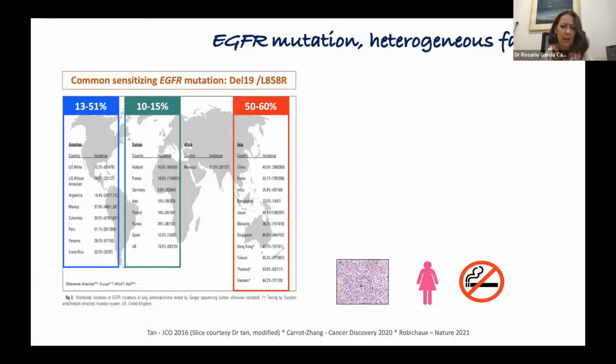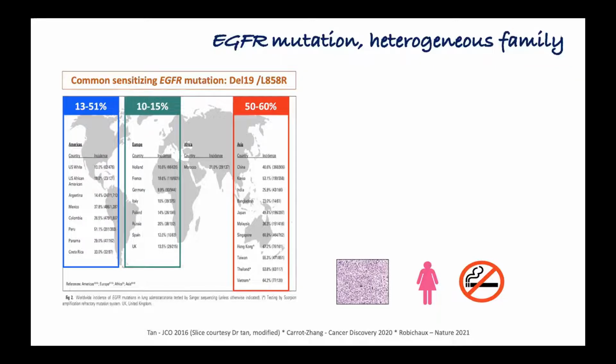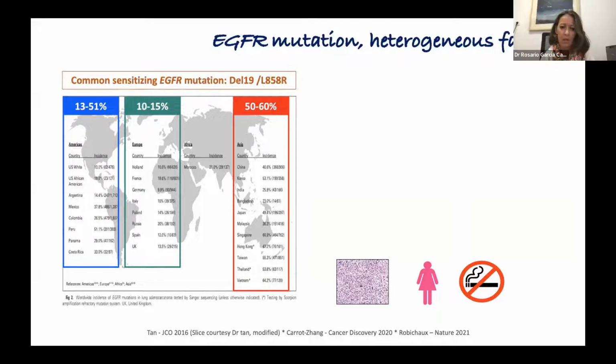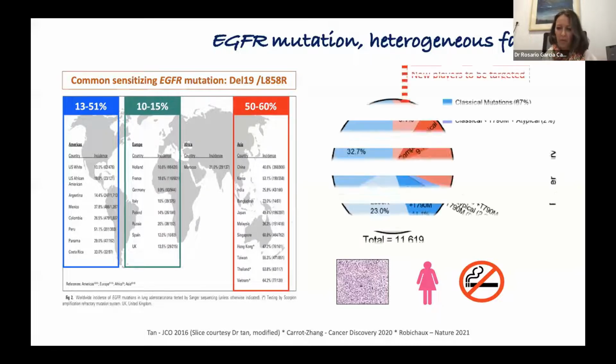We know the epidemiological differences according to the area you are based in, like the high incidence of this alteration in the Asian population, while it is less common in the European population. It is most commonly described in women and never smokers.